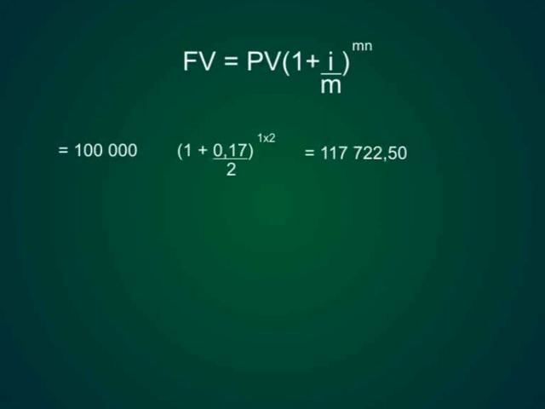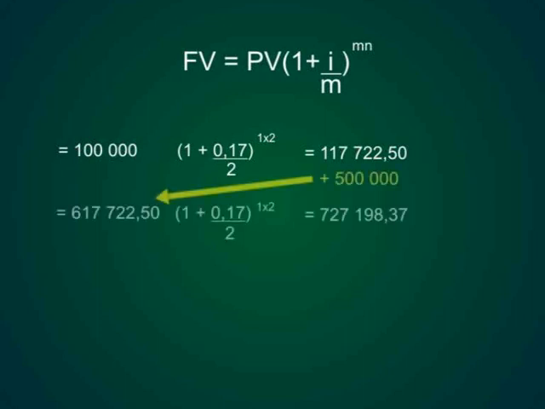That will be 100,000 rand, open bracket, 1 plus 0.17 over 2, close bracket, to the power 1 times 2, which gives me an answer of 117,722.50 rand. Add that to the 500,000 rand he invests in a year's time, which gives me 617,722.50 rand.